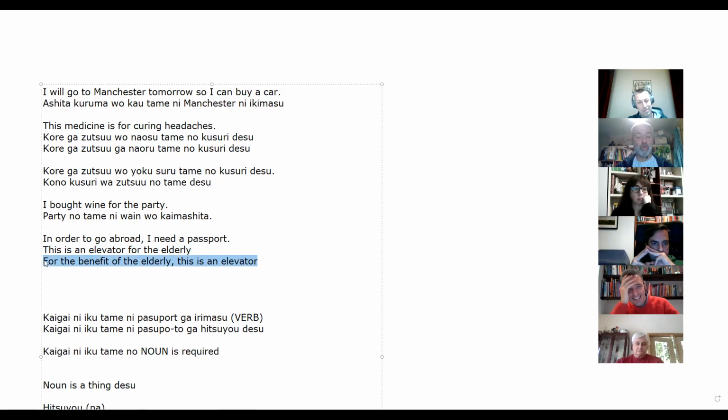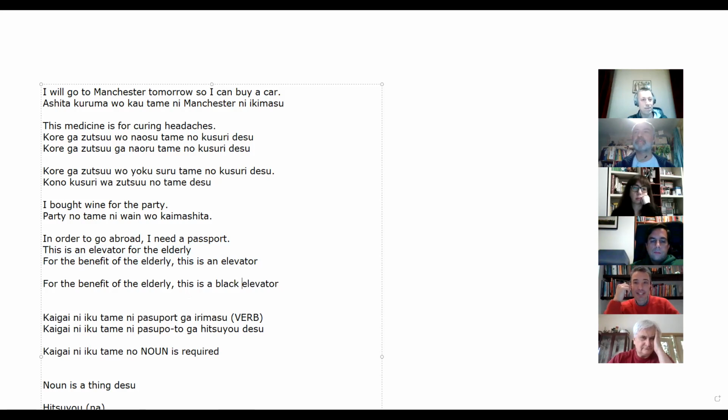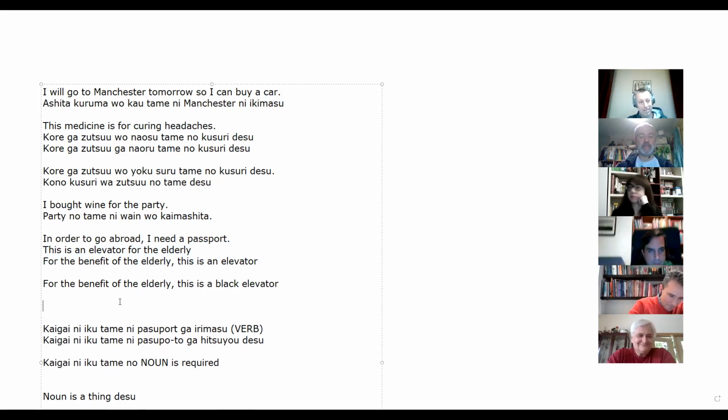What about if we stick? Let's make it even easier than that. Let's say this is a black elevator. Because now, let's just say Toshiyori no tame, and then something. Kuroi elevator desu.